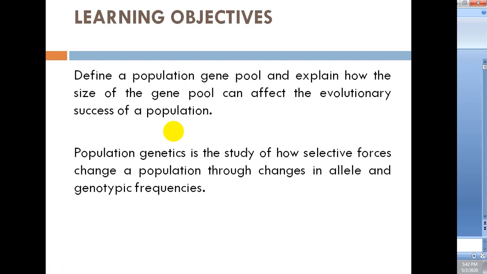From this lecture you will be able to define a population, and you will be able to know how the size of the gene pool can affect the evolutionary success of a population. Population genetics is the study of how selective forces change a population through changes in allele and genotypic frequencies.